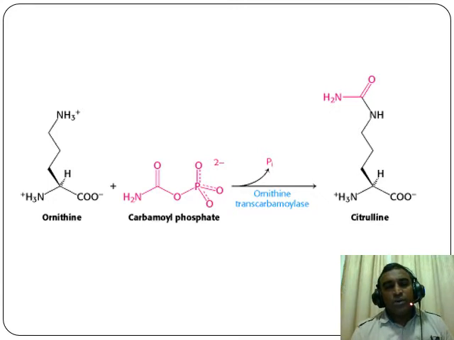Both ornithine and citrulline are in fact qualified to be amino acids. However, they are not part of the 20 amino acids since they do not form any structural proteins.